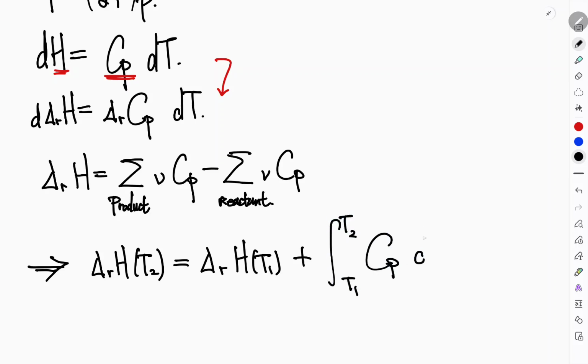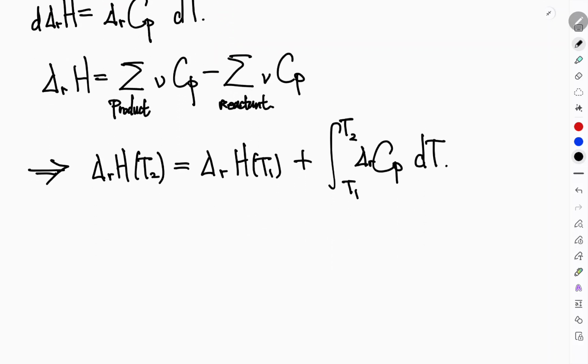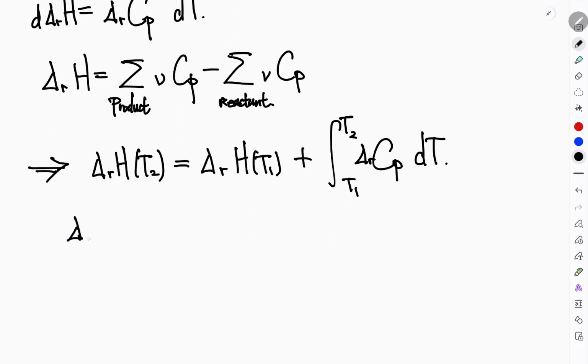In the case that this heat capacity is not affected by the temperature, meaning that it is constant, we can write this equation here.